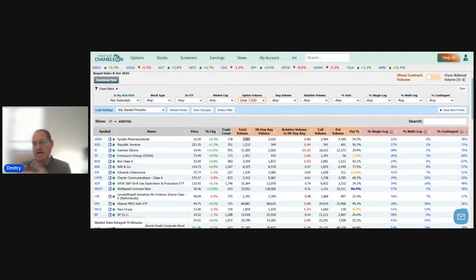Now you have a position where you're short deltas. That position benefits if the stock goes down and is expected to lose if the stock goes up.